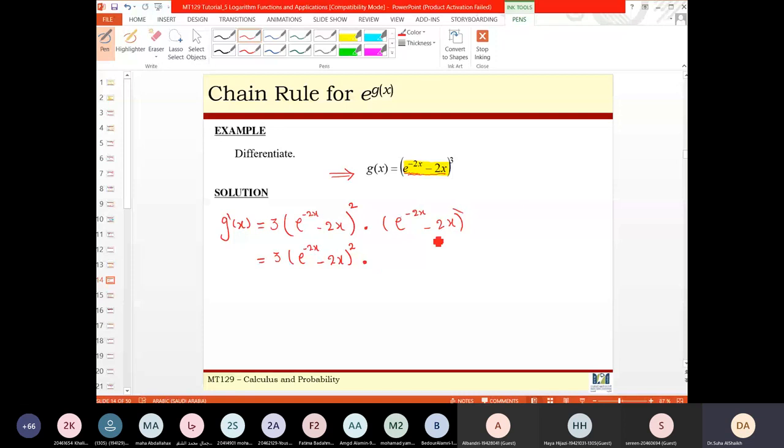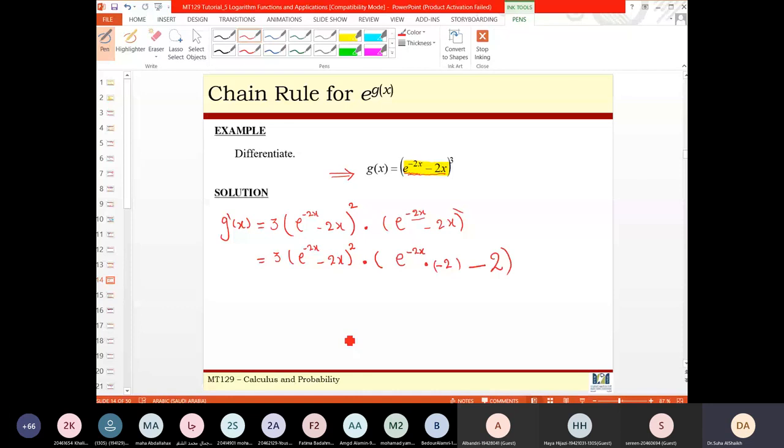Here I have 3 minus 2x minus 2x power 2. Now the dash of this part. What's the derivative of the exponential here? The exponential itself, but multiplied with the derivative of the power. Excellent. This is e to the power minus 2x multiplied with the derivative of the power. The derivative of the power is minus 2. Minus, what's the derivative of minus 2x?